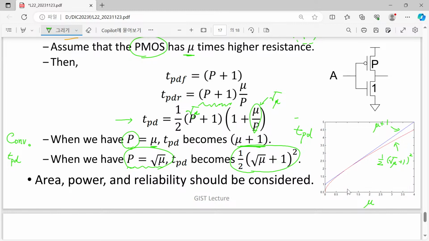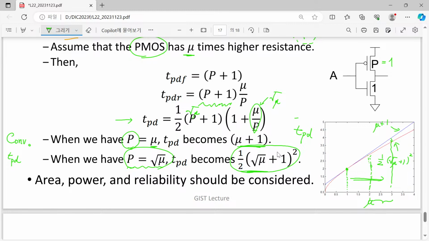Of course, when you have mu equal to 1, the best way is just taking a 1-to-1 ratio, so both cases predict the shortest one. However, if we go to the realistic range, more or less 2 or 3, then you can see that the average propagation delay can be slightly reduced by this other approach.